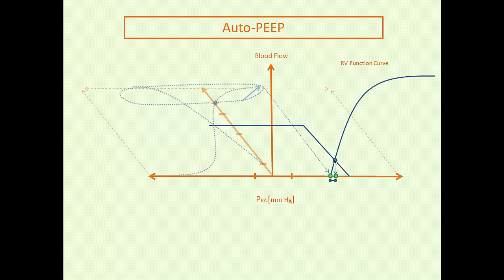You're going to increase your measured central venous pressure or right atrial pressure, but because the intrathoracic pressure is so high, the distending pressure of the right heart might actually be quite small, and you may have quite a diminished cardiac output. Remember, the forward cardiac output or flow is on the y-axis here, so it's much decreased.